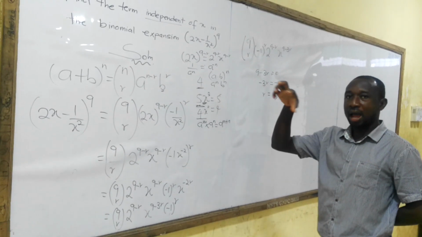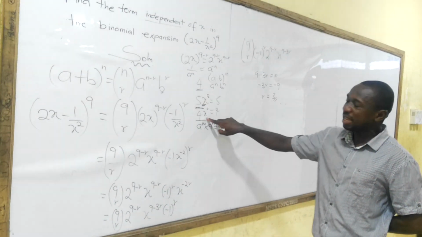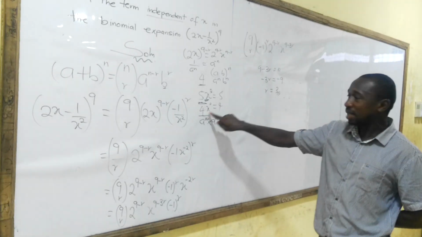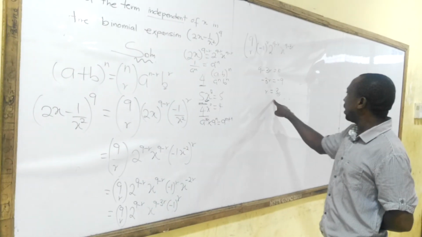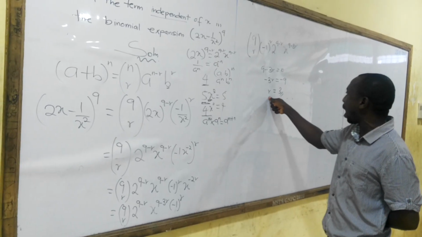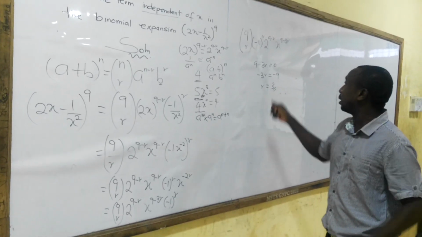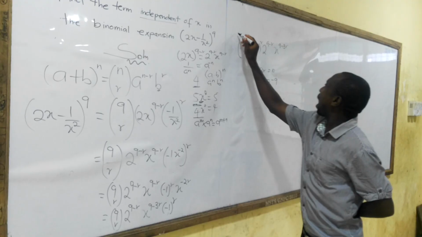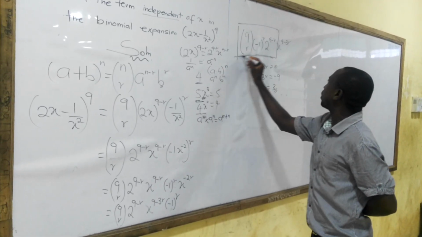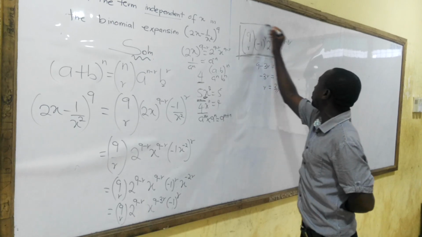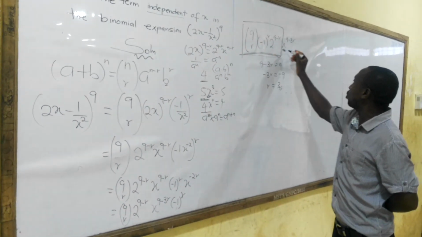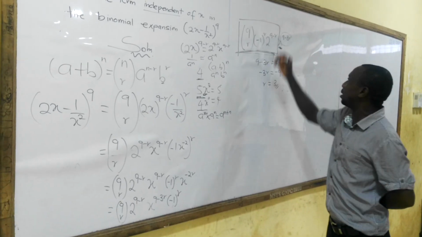Now, because the term that is independent of x has the power 0, it led me to get the value of r to be 3. And so I need to find the answer for this particular expression, because this x will be equal to 1 when the power is 0.